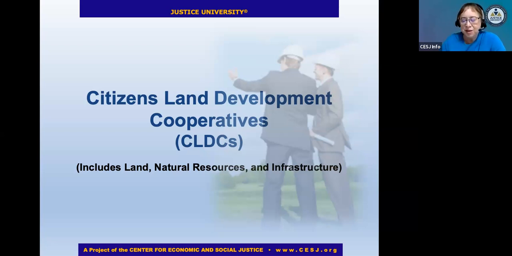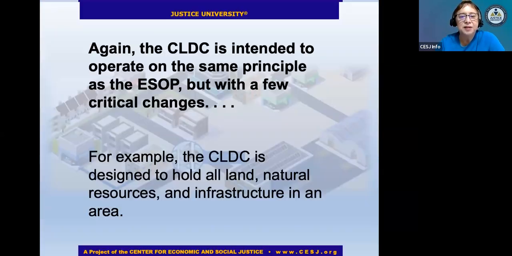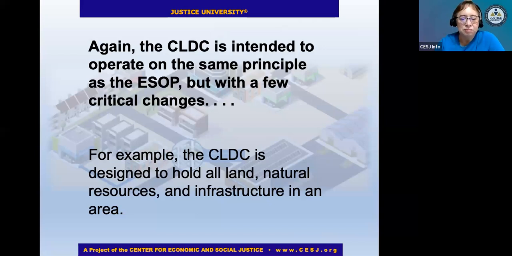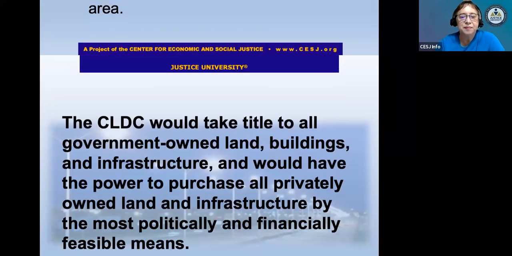So rather than having the person being able to purchase different numbers of shares in different companies, they would all, if they live in a certain area, be covered under the CLDC. Okay, and so this is not just for corporate employees, but really residents of a certain area.